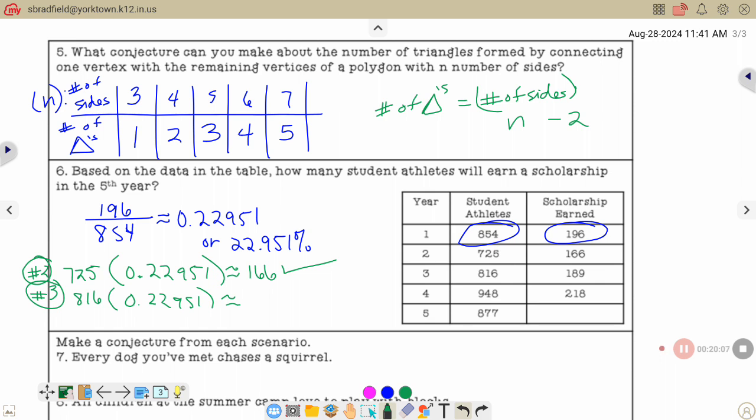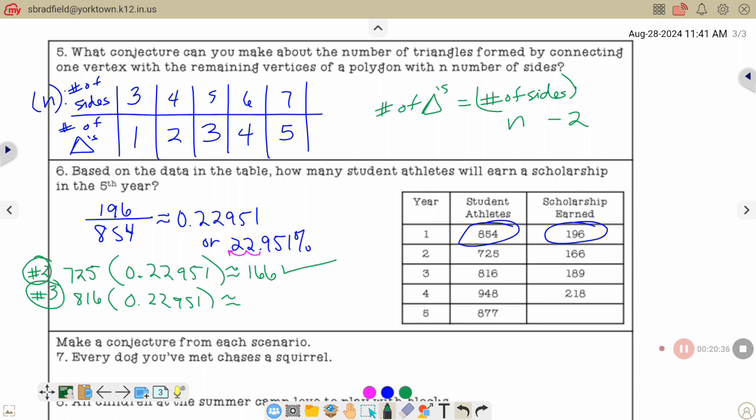For number 2, I took 725 and multiplied it by approximately 23%. But as a decimal, it's 0.22951. We just scoot that decimal over 2 places to the left, and we're right back to that decimal. So when we use the percent, we have to use the decimal form of it.